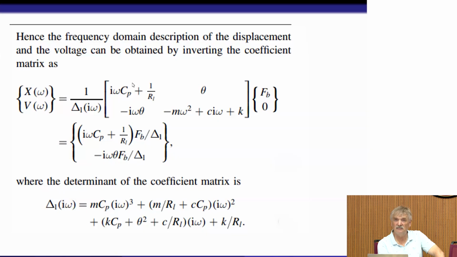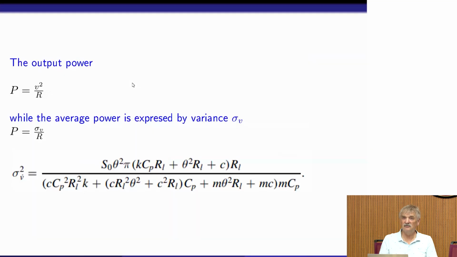The imaginary numbers come as i times omega, and if you have a second order derivative, then this is i times omega squared, which is easier because this is already a real part.